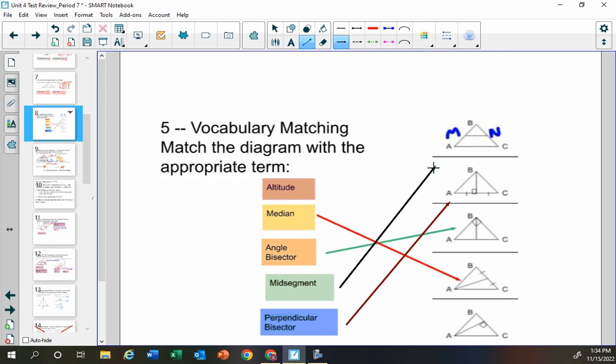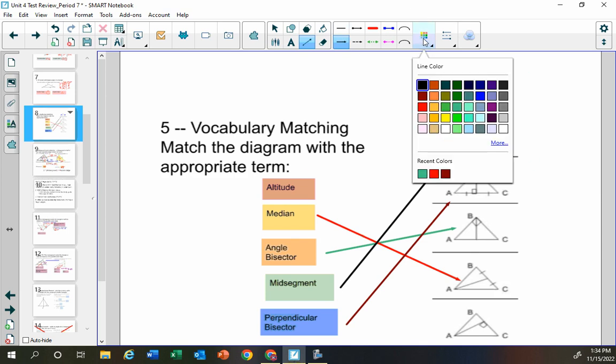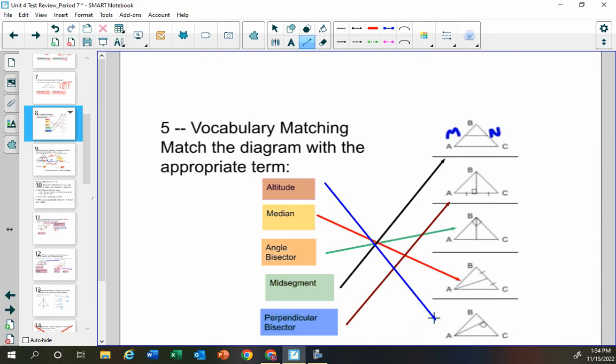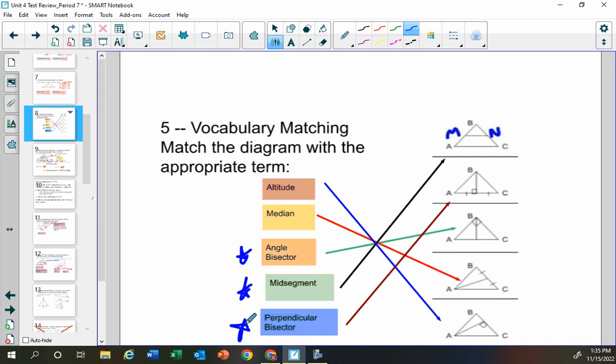Mid-segment is the one all the way on the top. And then the altitude is the one all the way on the bottom. But I'd only worry about these three. Those are the three I worry about the most. That's why I start them. Questions?